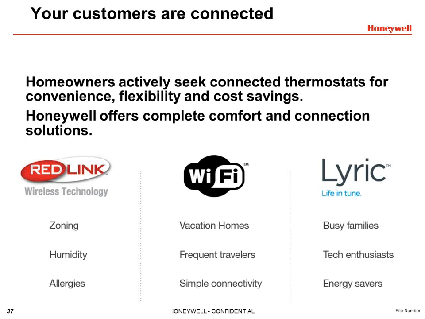Wi-Fi, I like it because it's a low-cost option to get into the connected world. It's great for people who travel or have vacation homes, and people know the Wi-Fi technology. They're comfortable with it.